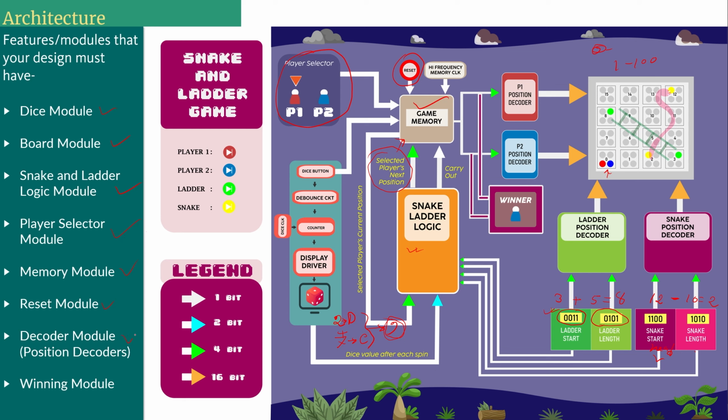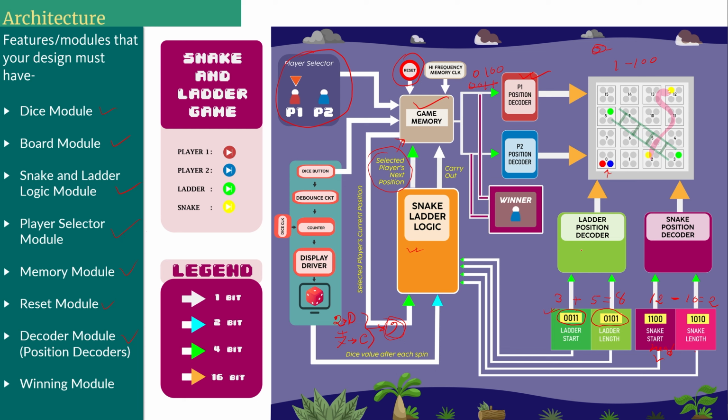You have a decoder module. Let's say your game memory gives you output as 0011 for player 1. This is player 1's current position, or let's say 0100. You need to light up the corresponding LED, and you need to do it using a decoder.